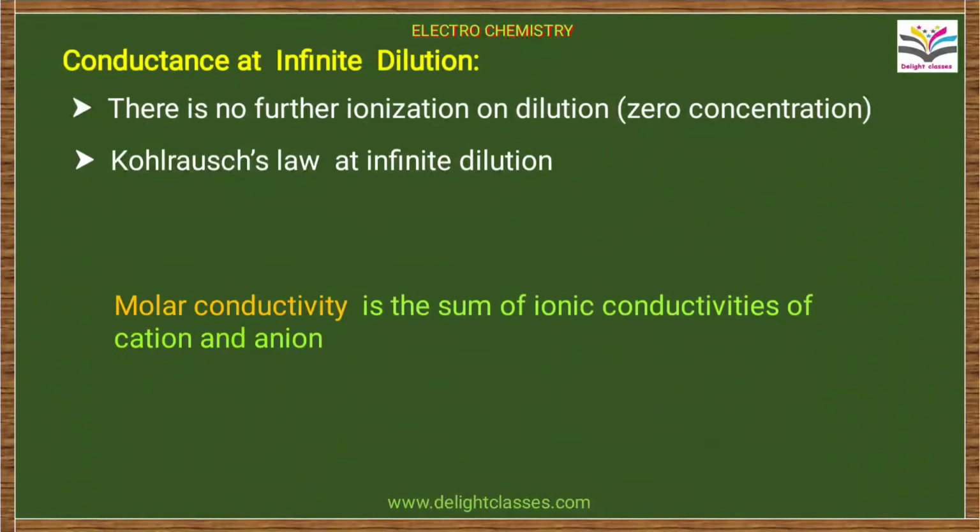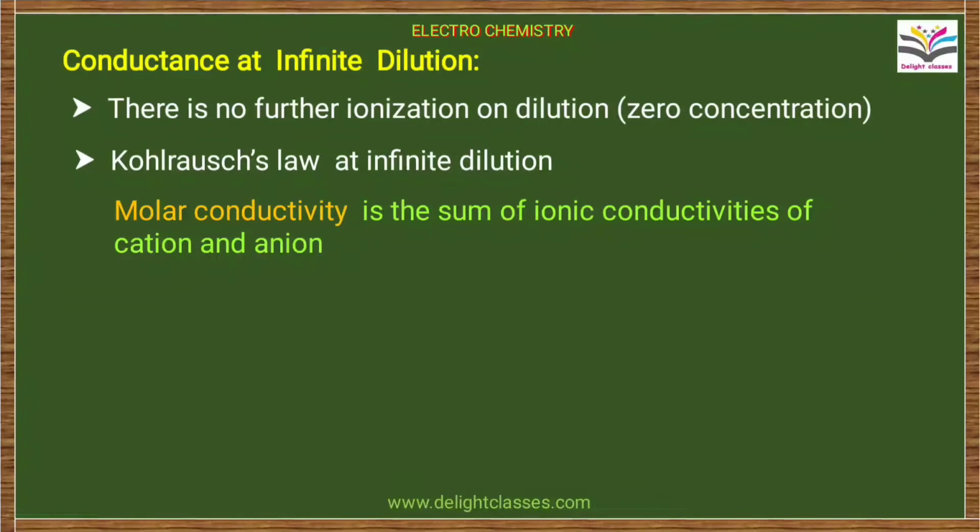Kohlrausch's law at infinite dilution. Molar conductivity is the sum of the ionic conductivities of cation and anion. Molar conductance for barium chloride is equal to 1 molar Ba2+ plus 2 molar Cl minus.